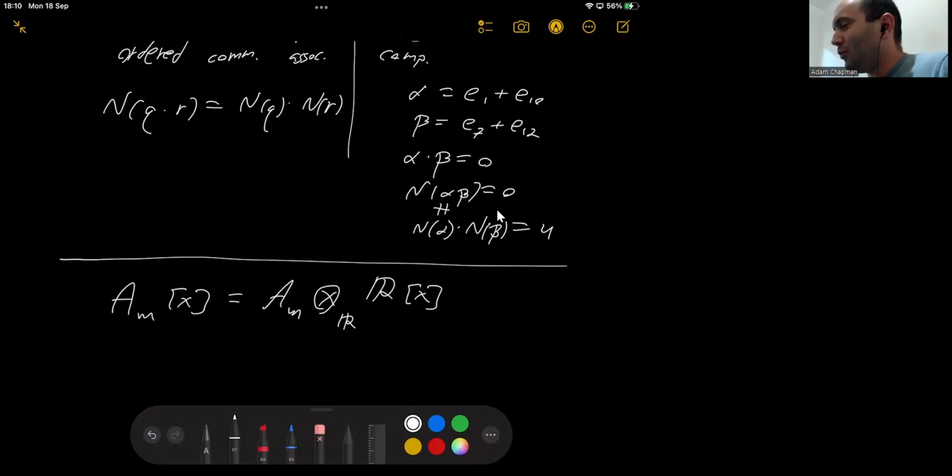So without explaining what tensor product means, I'll just say that in this construction, x behaves like a real number, which means that x commutes with every other number. So all the commutators that involve x are 0, and it also associates with any other pair of elements. Every associator with x is 0.